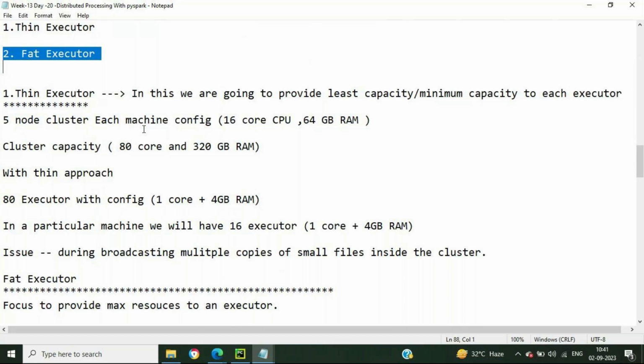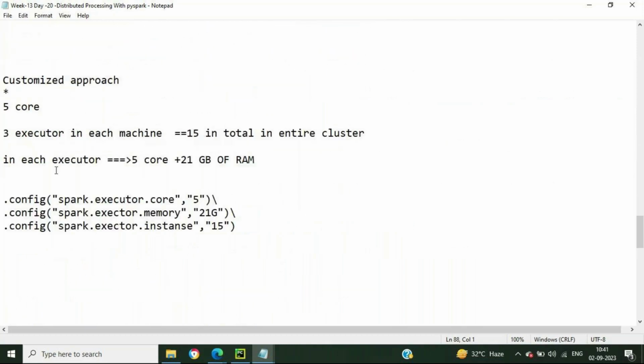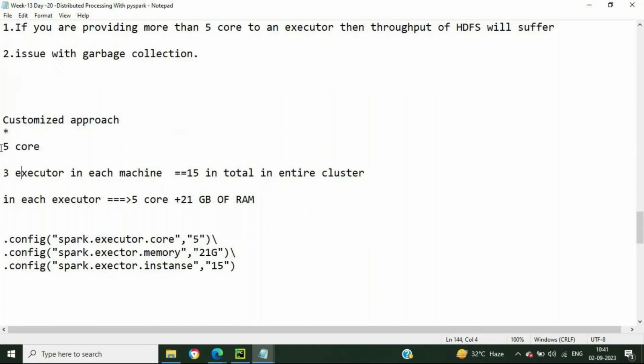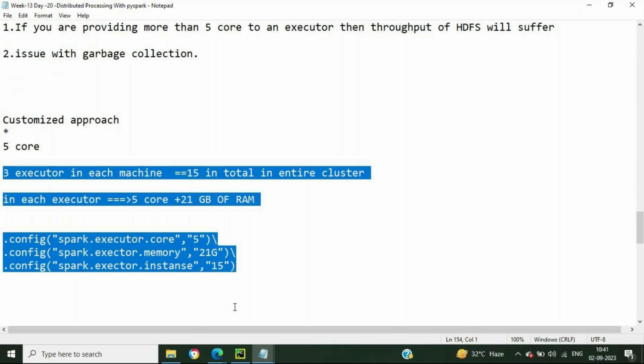So we are not moving with the fat or thin approach, we are moving with a customized approach. In the customized approach, we try to have 5 or fewer than 5 cores in an executor, and based upon that we divide the resources, and we will have some number of executors in the cluster, and those executors will be given for the execution of a particular job.